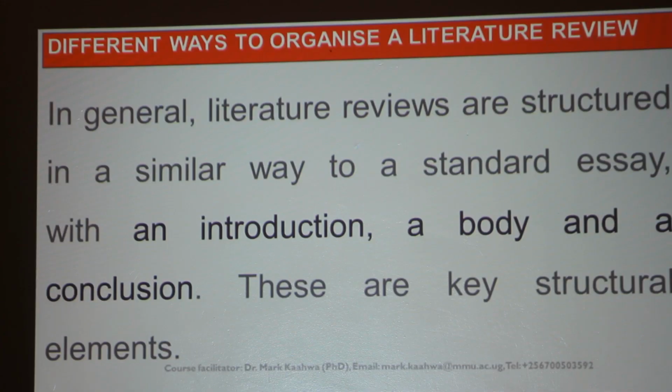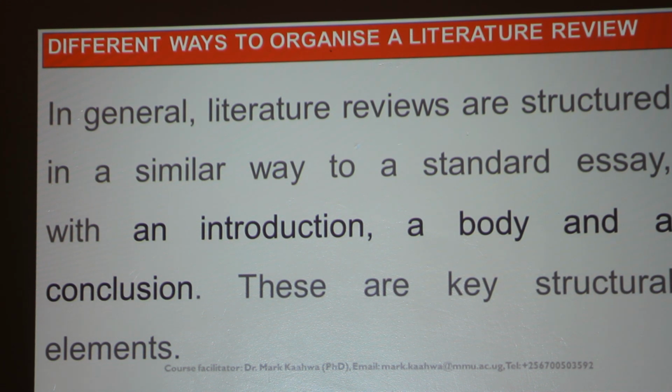So if you have all this information, now how do you organize it? How do you scientifically organize it so that it is in a proper, easy structure that any reader can easily follow without any difficulty?